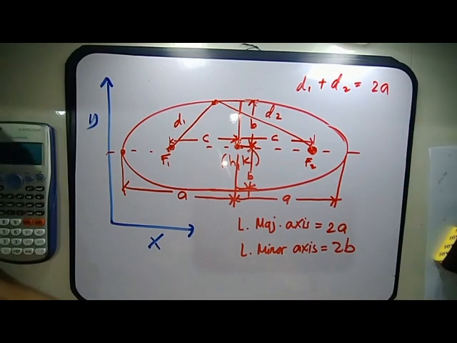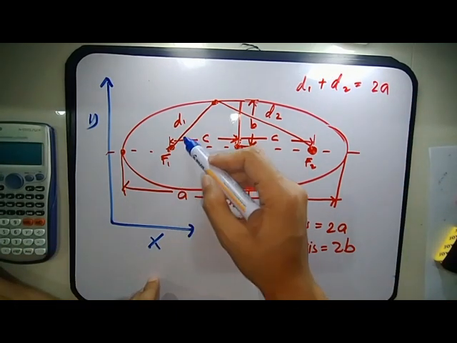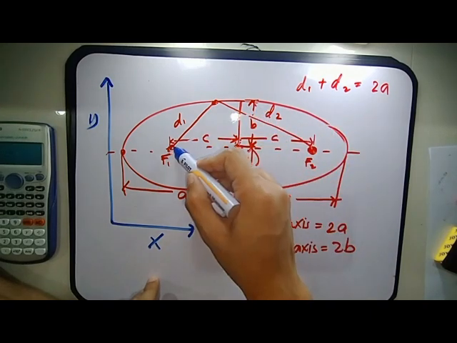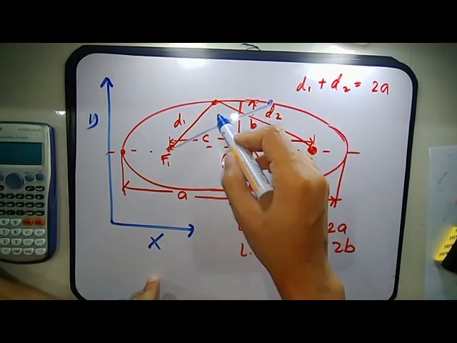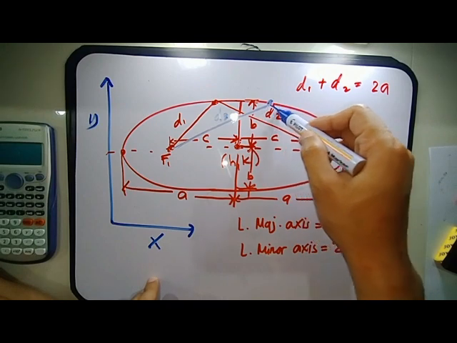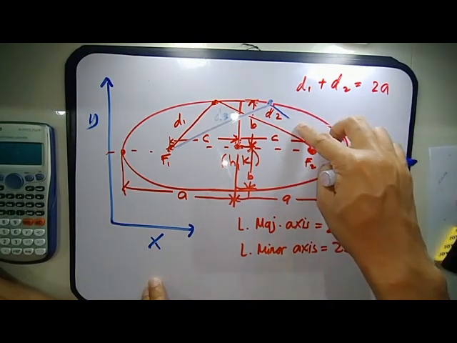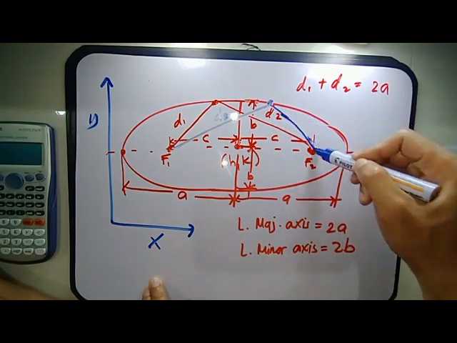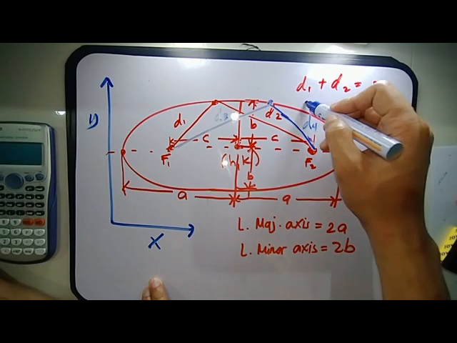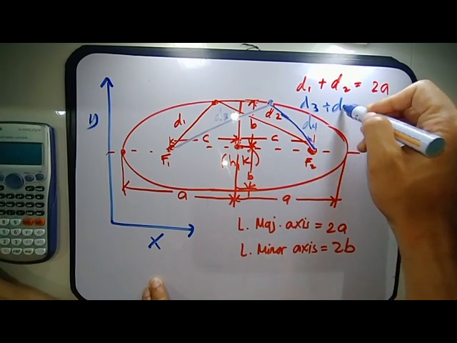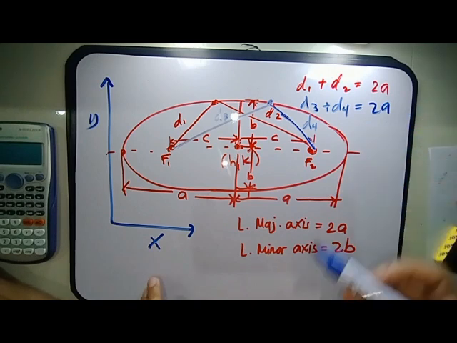So, anywhere on that point, say here, say D3, this is D4, so D3 plus D4 equals 2A, so that is constant.